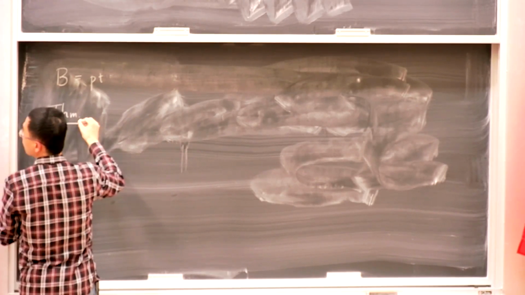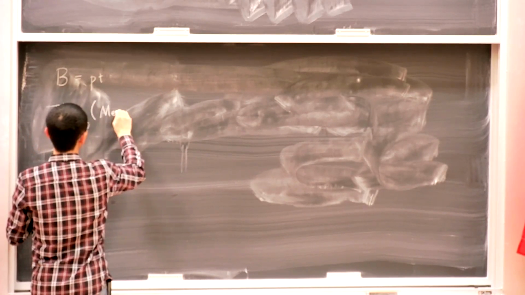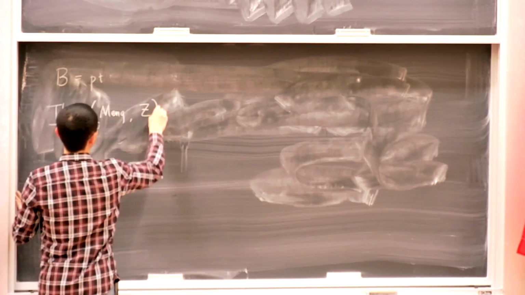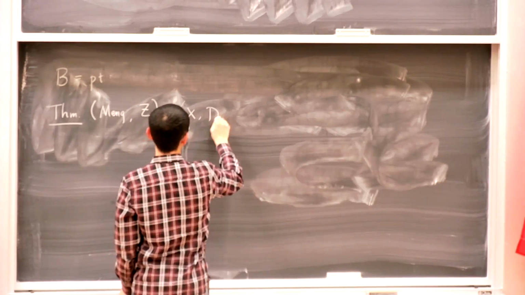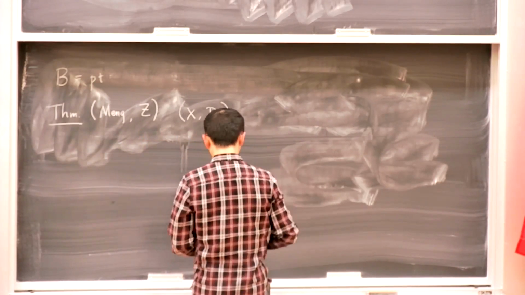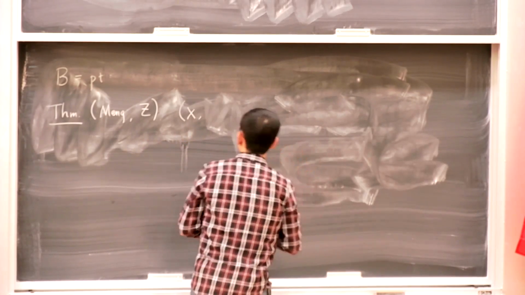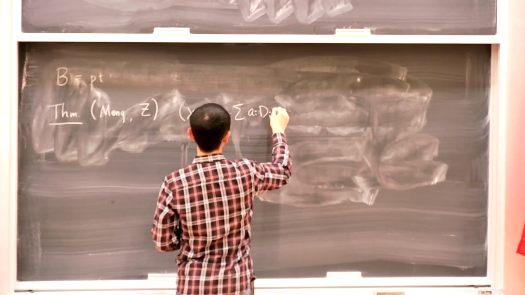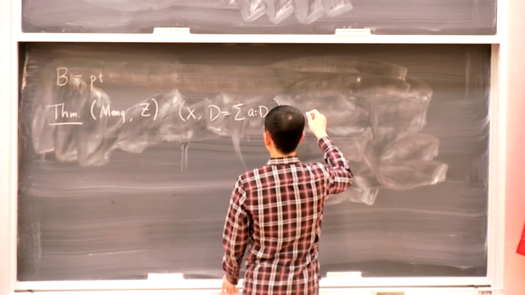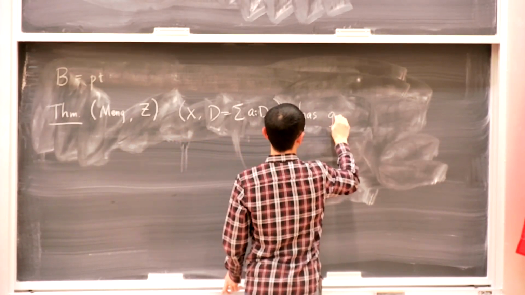In fact, we prove a slightly more general statement, which says that if you have (X, D), let me just write, D the sum of a_i D_i, and let's assume that I have a pair that already has a good minimal model.